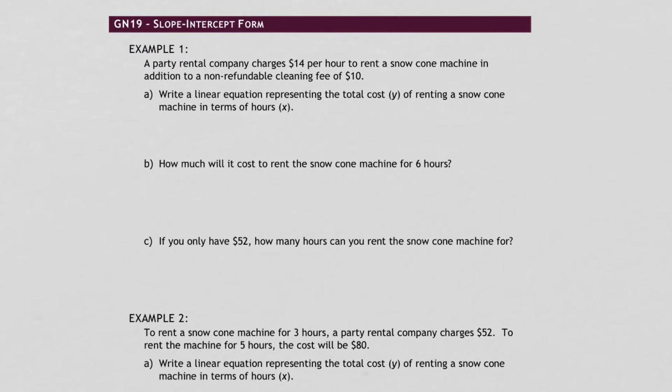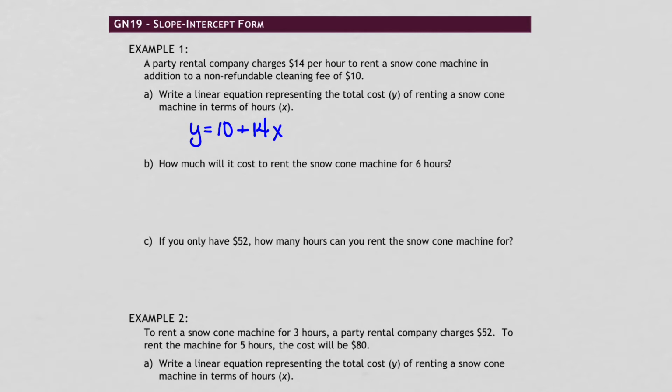So our first example, it says, a party rental company charges $14 per hour to rent a snow cone machine, in addition to a non-refundable cleaning fee of $10. So if you'll think about this, we're starting with a cost of $10 and then adding to that $14 every hour. 14 times x.